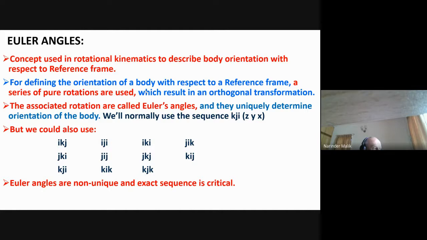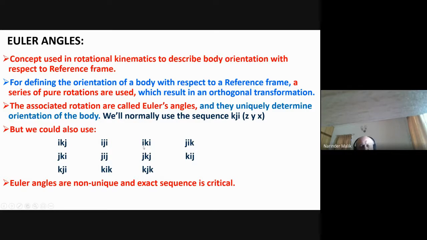Normally we use a rotation sequence: first rotation about the x-axis, second rotation about the y-axis, third rotation about the y-axis. It is not necessary that this is the only way. You can represent this orientation in many ways: first rotation about x-axis, z-axis, y-axis; or x-axis, y-axis, again x-axis; or x-axis, z-axis, y-axis.